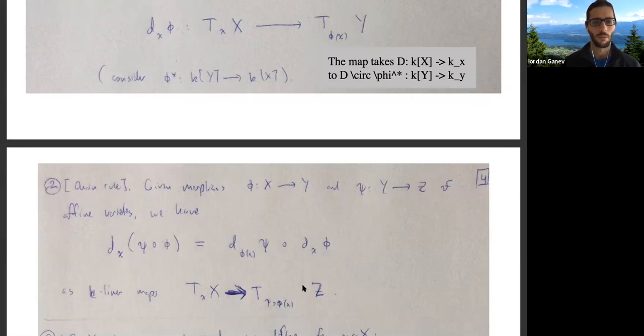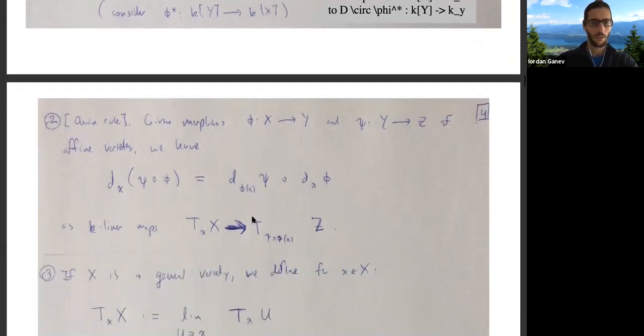This is an equality of linear maps from the tangent space at little x to the tangent space at the image of little x under the composition. Again, to verify this, you just write out what this differential means in terms of pullback along the map, the induced algebra homomorphism on the algebras. Okay.